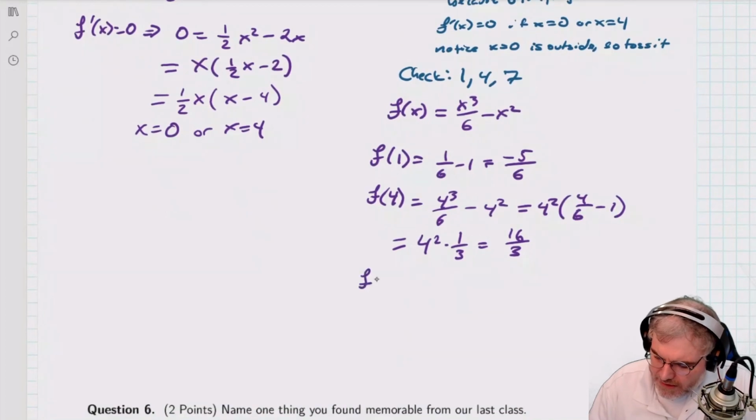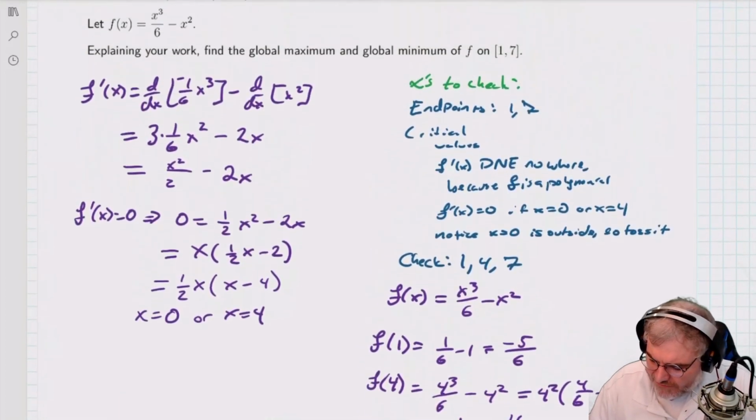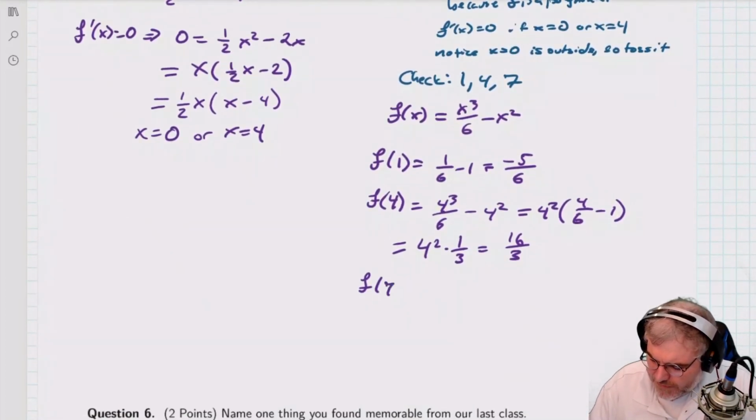All right, and then the other one I need is f of 7, which is also unpleasant. That's going to be 7 cubed over 6 minus 7 squared, which equals, I'm going to go ahead and factor out the 7 squared here.